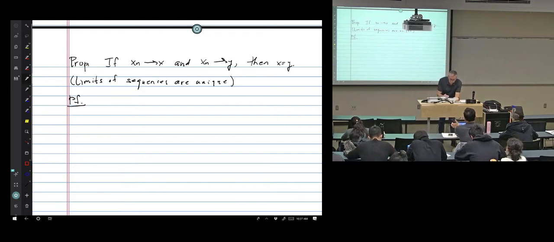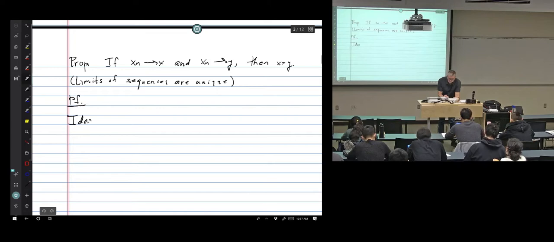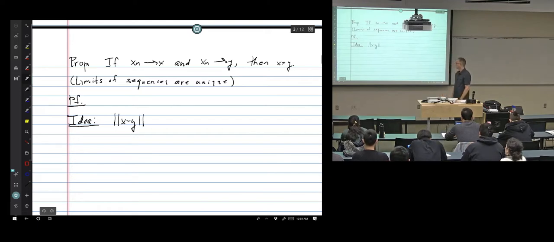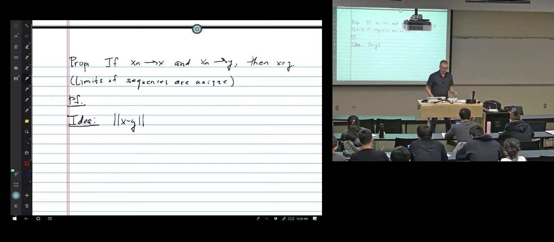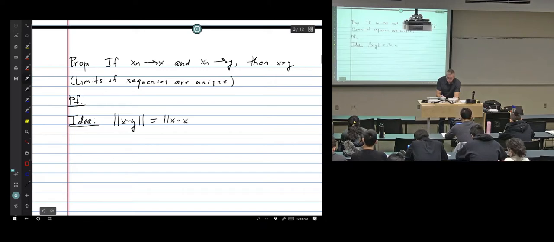Well, here's an idea. And we'll see if we can turn that into a proof. Let's check how far apart x and y can be. Let's see if we can estimate their norm. Well, the nice thing we can do is we can add and subtract something and not change the equality.